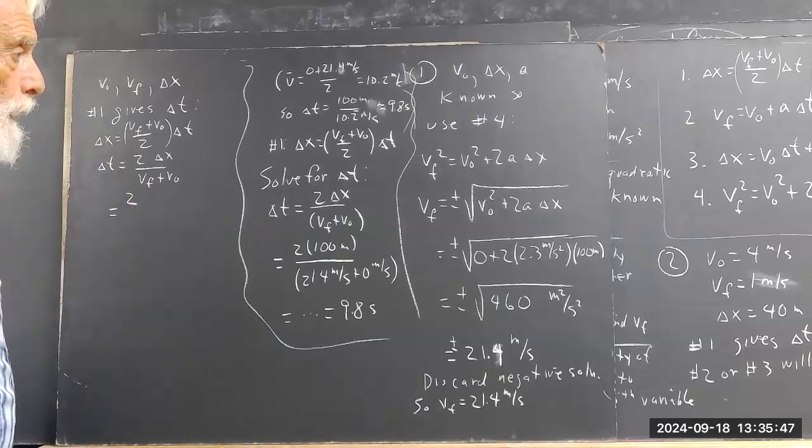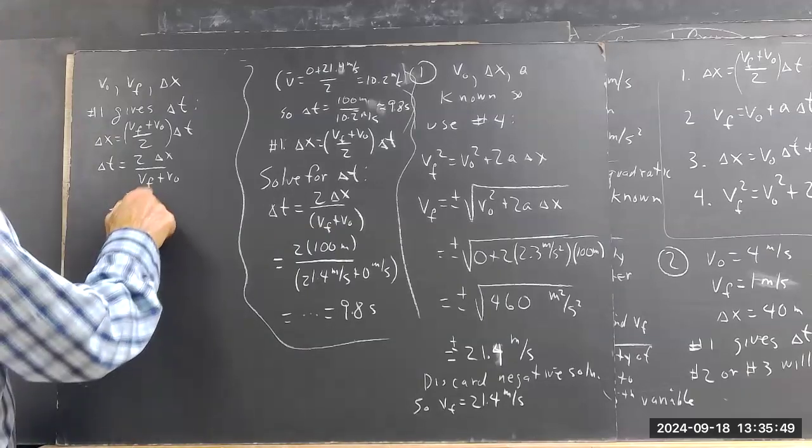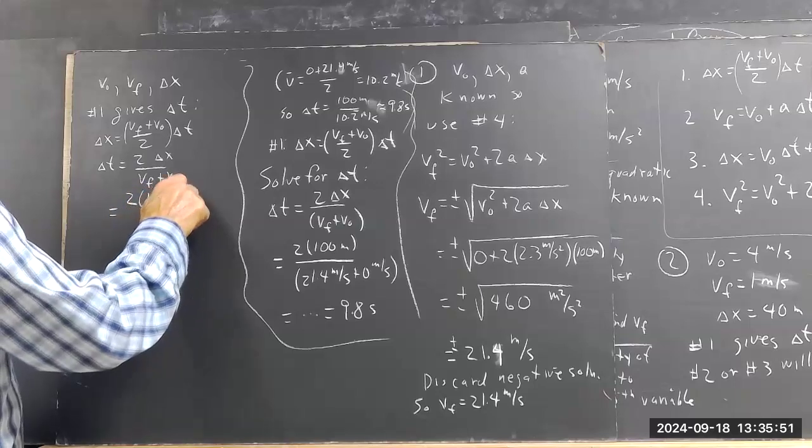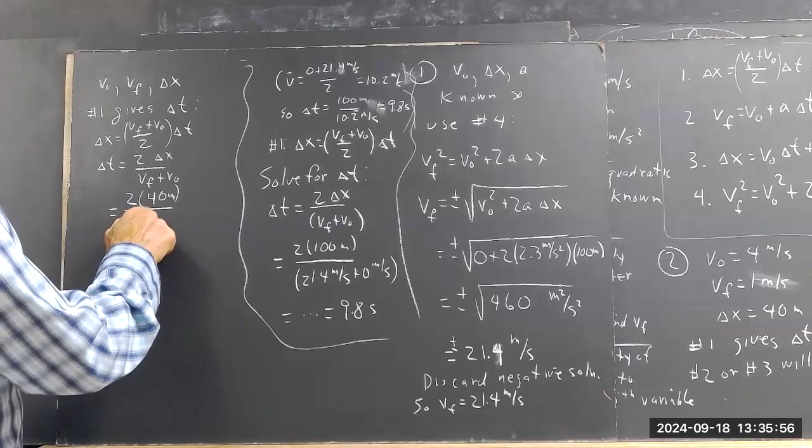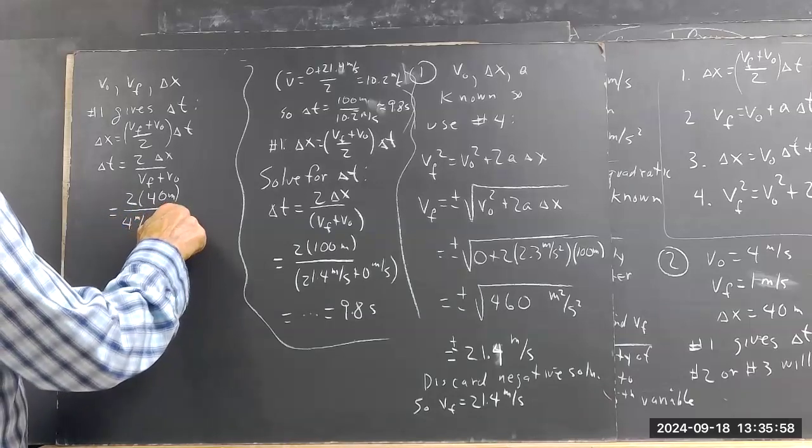So that's 2 times what? Delta x is 40 meters, over V naught, which is 4 meters per second, plus VF, 1 meter per second.